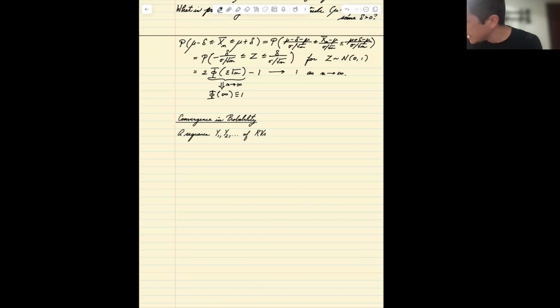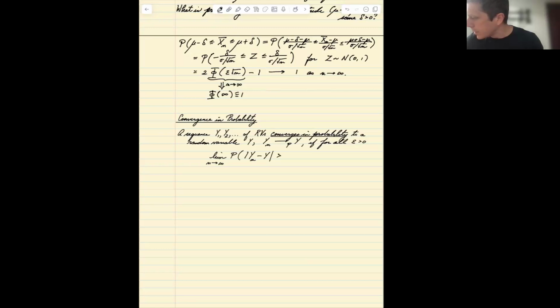The sequence of random variables Yn converges in probability to a random variable Y, so a limiting random variable Y, denoted by Yn converges in probability to Y, if for all epsilon bigger than 0, the limit as n goes to infinity of the probability that Yn differs from Y by more than epsilon is 0.